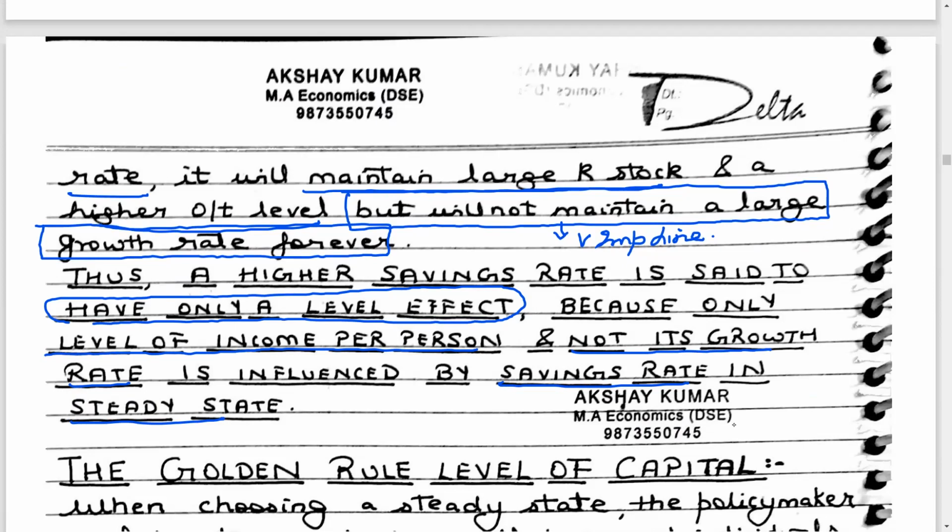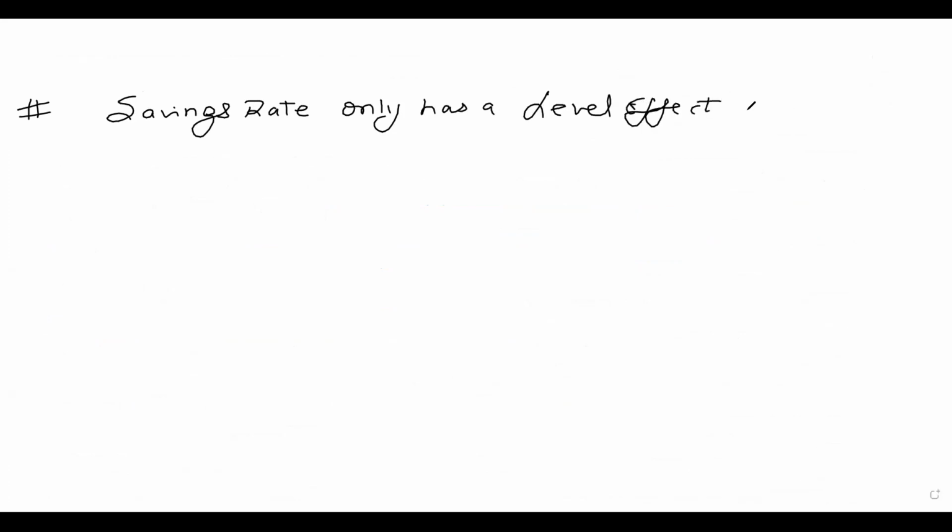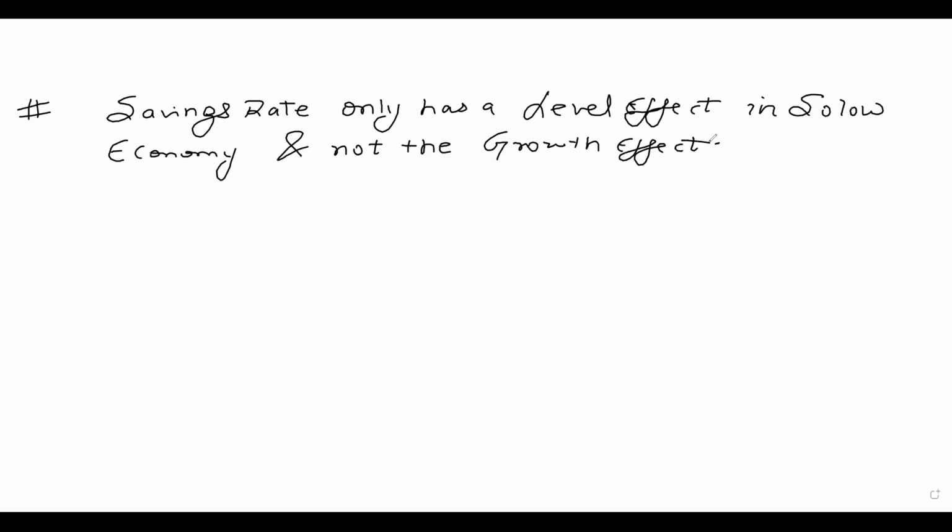So when I say that higher savings rate has a level effect, if I just come to the whiteboard to explain this, when we say that the savings rate only has a level effect in the Solow economy and not the growth effect, what does this mean?